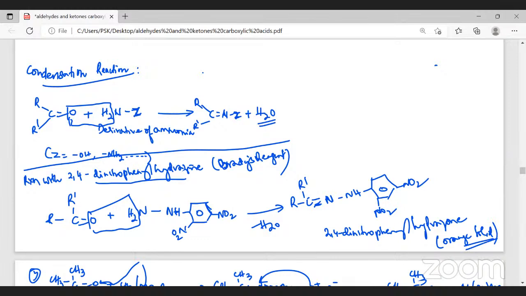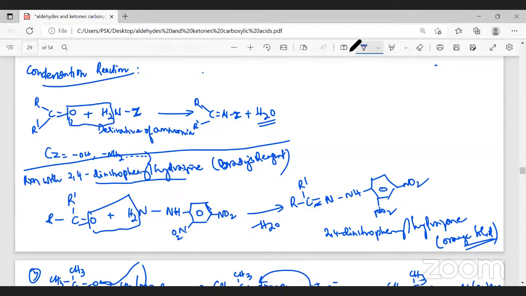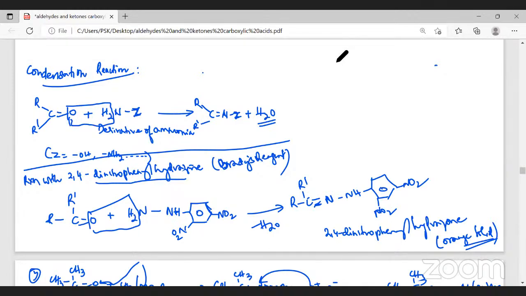The last condensation reaction I have to teach you. So many condensation reactions we learned. What are those? We have learned with hydroxylamine, with phenyl hydrazine, with hydrazine, and with Brady's reagent, that is 2,4 dinitrophenyl hydrazine.